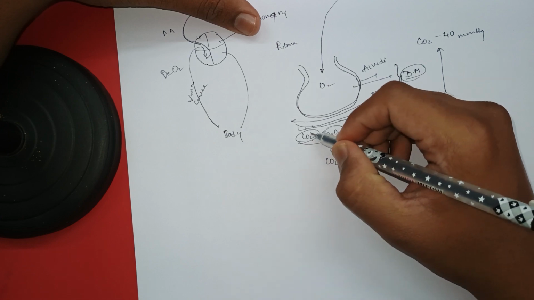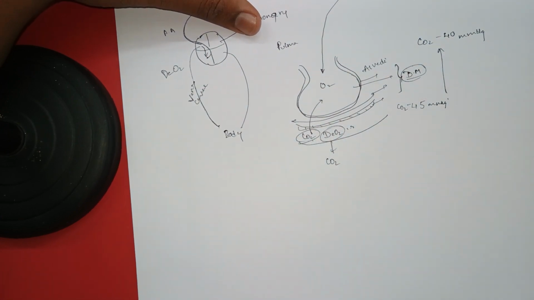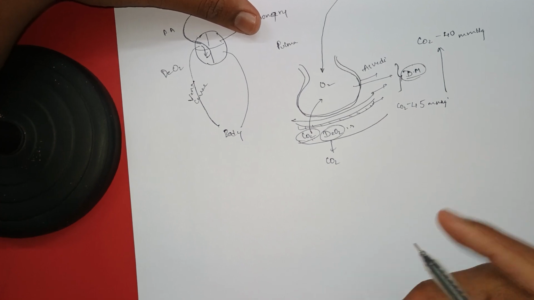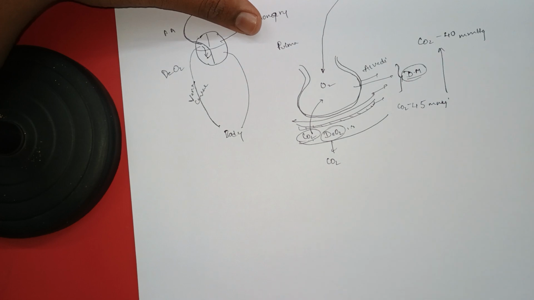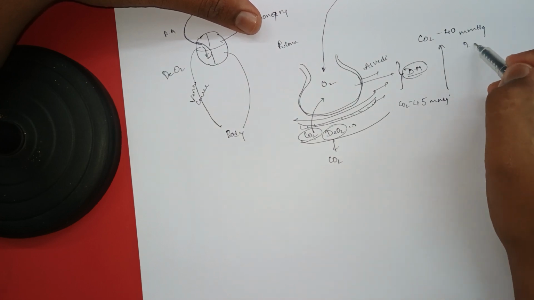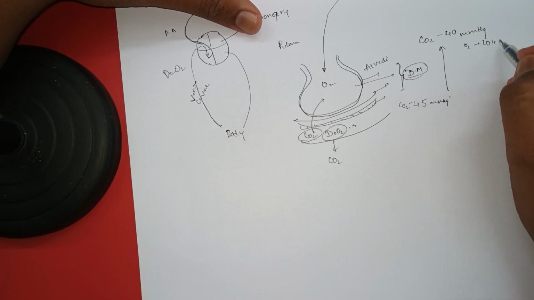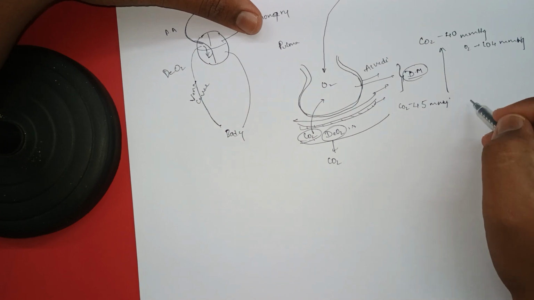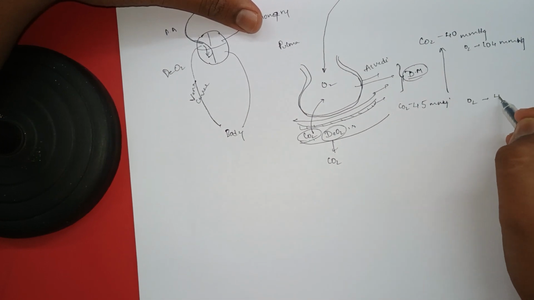So carbon dioxide from the capillaries diffuses into the alveoli due to the pressure difference. The partial pressure of oxygen in the alveoli is 104 mmHg, and in the deoxygenated blood the oxygen is 40.